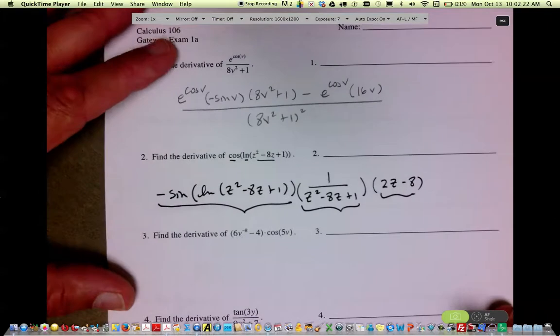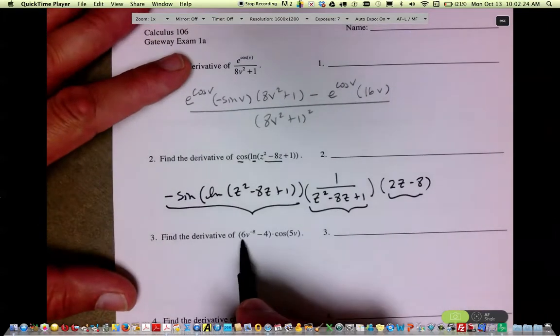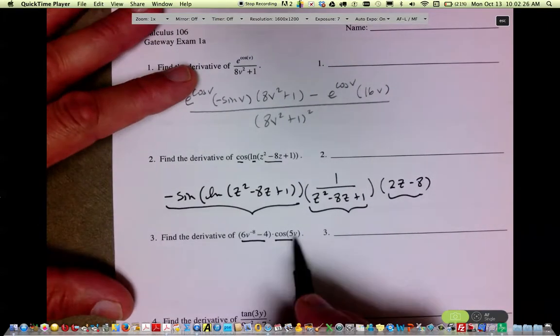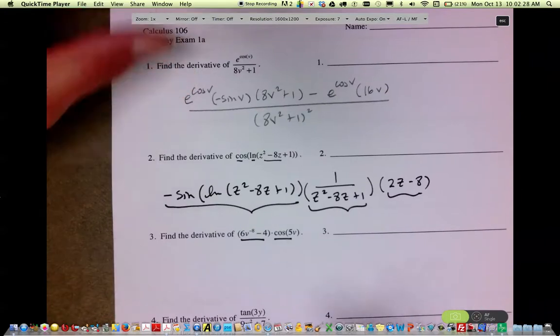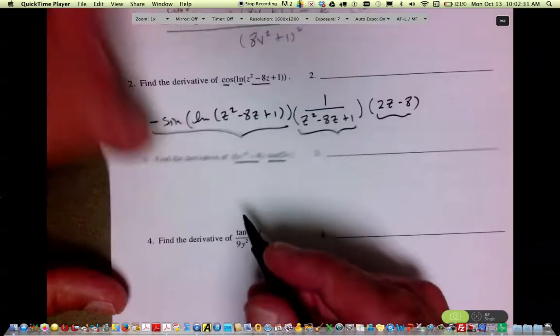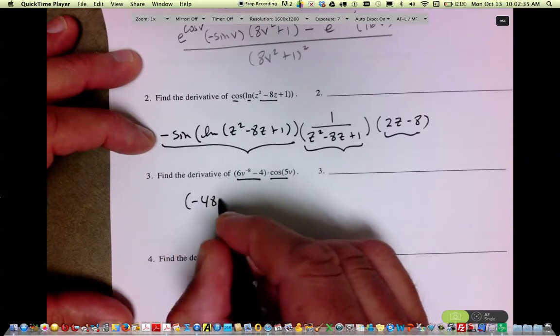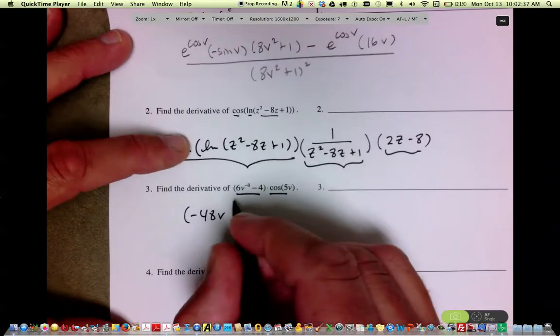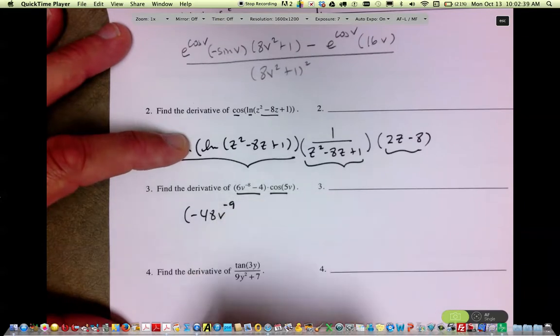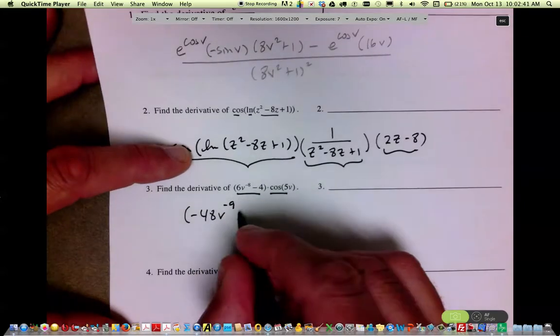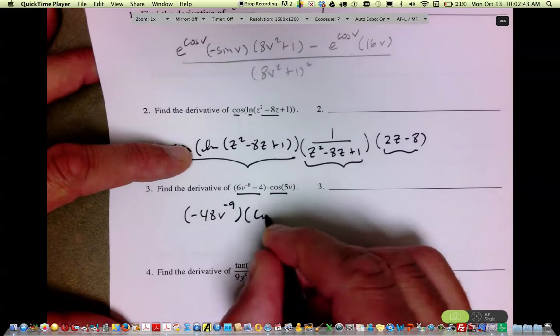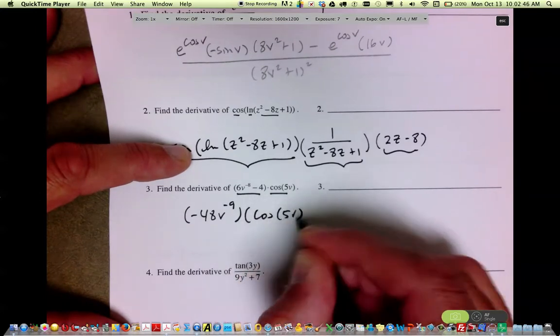Okay, the next one, I see a product rule in here, and within that product rule I see some more chain rule. So take the derivative of the first, that's going to give me negative 48v, and I've got to decrease the power by 1, so it's going to give me negative 9, not negative 7. And then I'm going to multiply that by the other function, cosine of 5v.